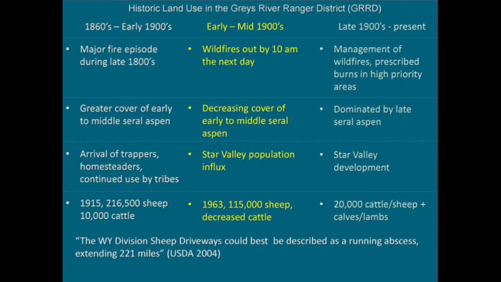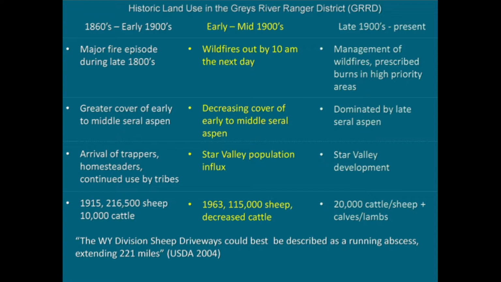Starting in the early 1900s, there was a very aggressive fire exclusion policy, having wildfires out by 10 a.m. the next day. Over time, there was a decreasing amount of seral and early aspen, so they're getting older. There's Star Valley influx, so population pressures are increasing. And the forest came under the allotment system in 1905, so numbers of livestock became much more regulated.